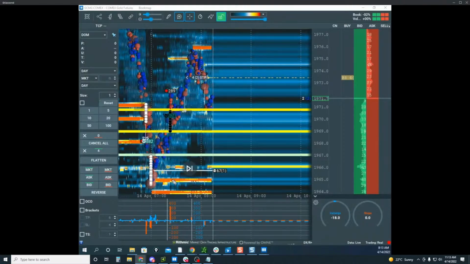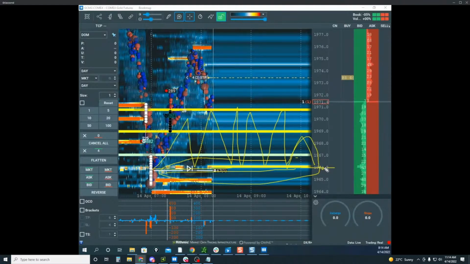But say it comes down here and this thing tags 15 times, and every time it draws out another 100, another 100, another 80. It's good to know that there's one guy buying here, but say it comes down to the 15th time and there's 90 left out of the 1,000. So 910 traded and then there's 90 left.